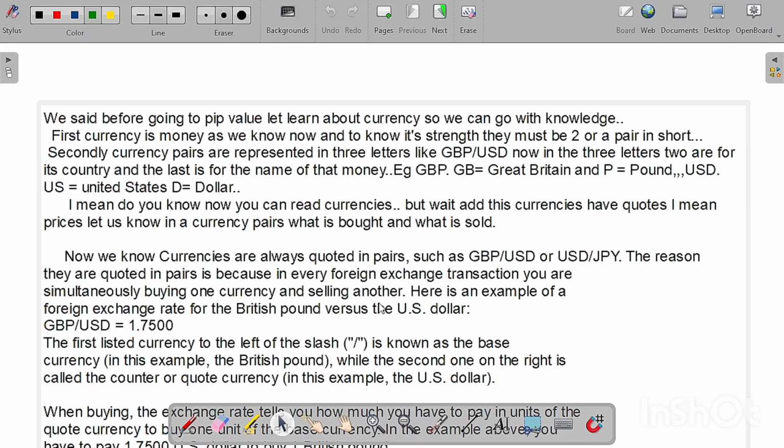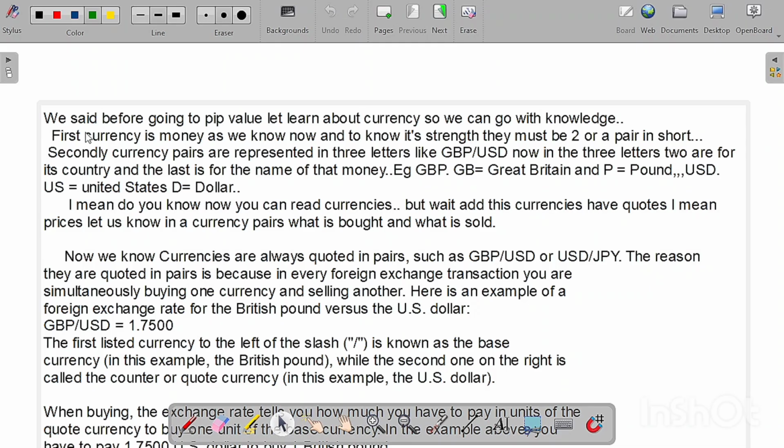When they were dealing with forex, they had to deal with different currencies, which have different quotes, and different quotes have a different way of reading them. We have quotes, bid and ask, but in this topic we are going to dive deeper and understand more about how to read them.